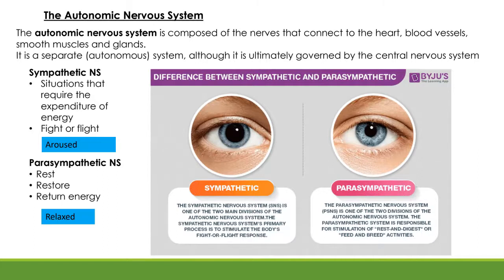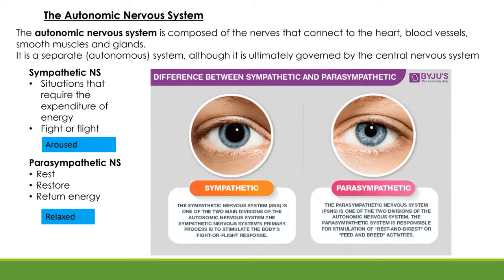So it's again subdivided into two different parts. We have the sympathetic nervous system and we have the parasympathetic nervous system. Those are the two little junctures of our autonomic nervous system. The sympathetic nervous system's primary response is the fight or flight response.